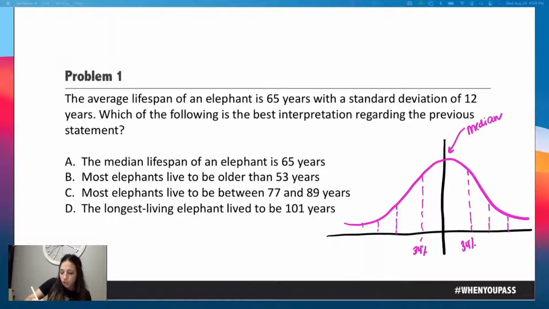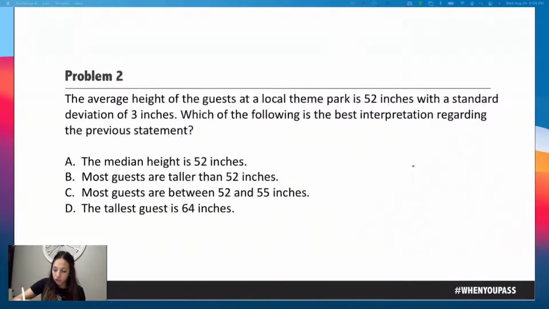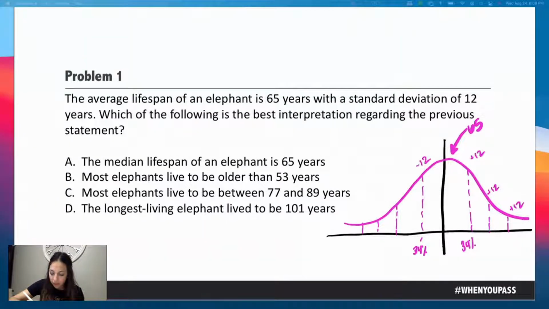So when we look at this, if this is all they've given us, the average lifespan is 65. So 65 is going to go right here, which is our average. And we have a standard deviation of 12. That means that I can add 12 for each of these standard deviations to 65, and I can subtract 12 from 65 to get a value for each of these standard deviations.